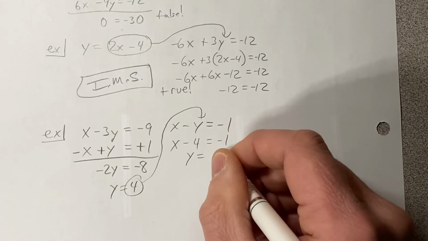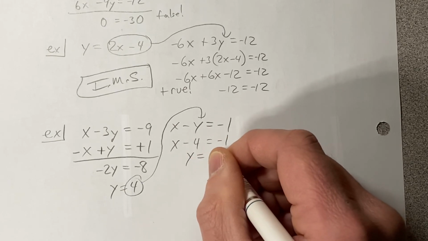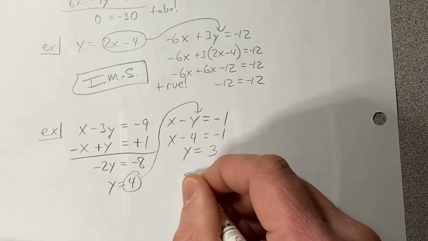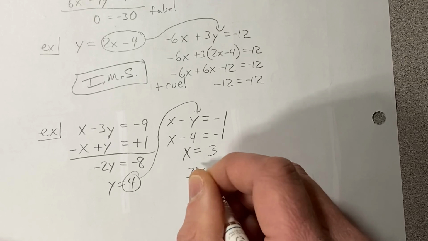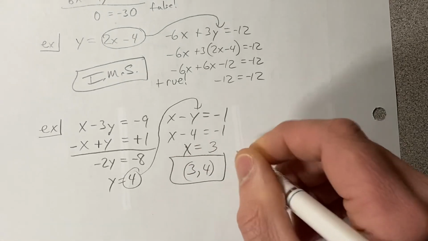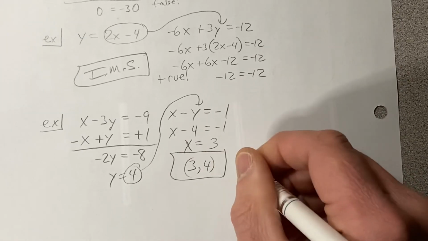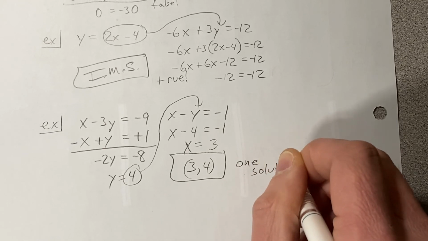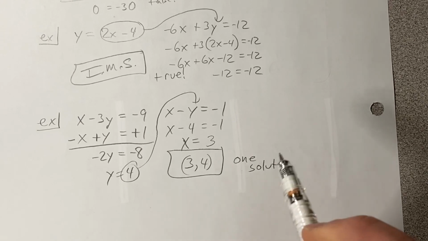So add 3 over, add 4 over, and we get an answer of 3, 4. So what happened was we got an x, we got a y. Together, they make one solution. And that solution is the coordinate 3, 4.